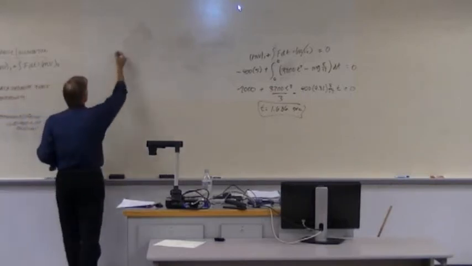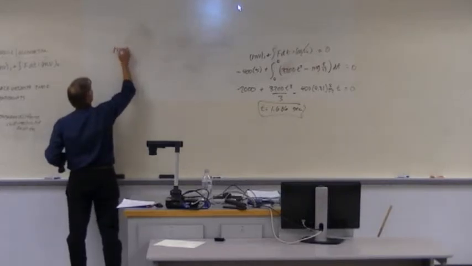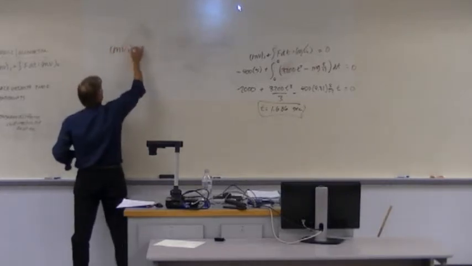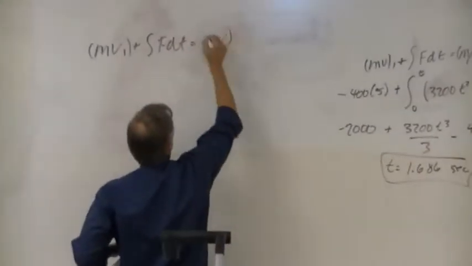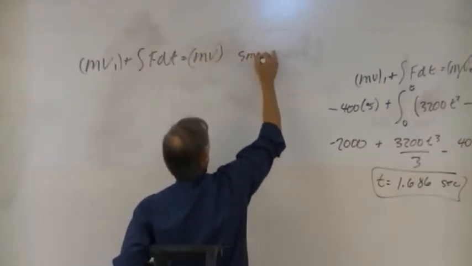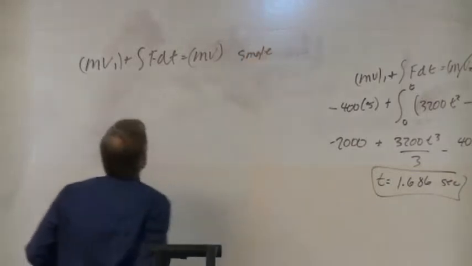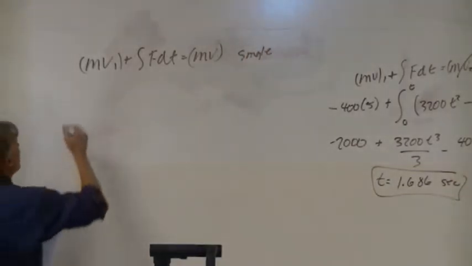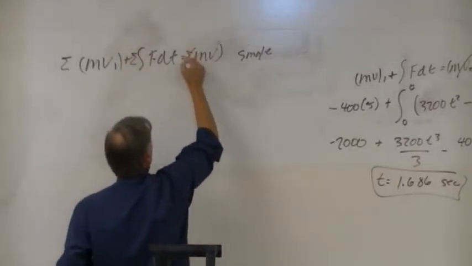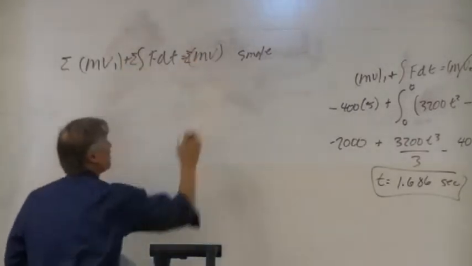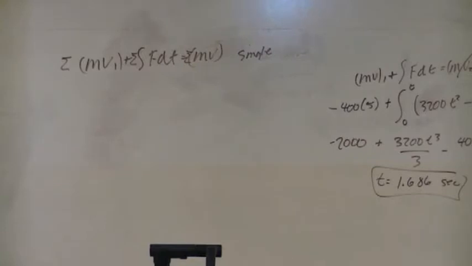Okay? So let's write mv1 plus the integral of F dt is equal to mv2. Now, for a single particle, that certainly applies. For a system of particles, we would have the sum of that for each of them. But when you have multiples, oftentimes you'll have different masses and different speeds.